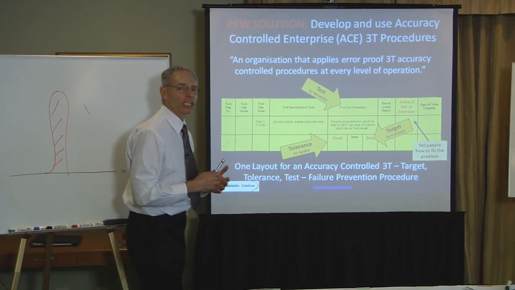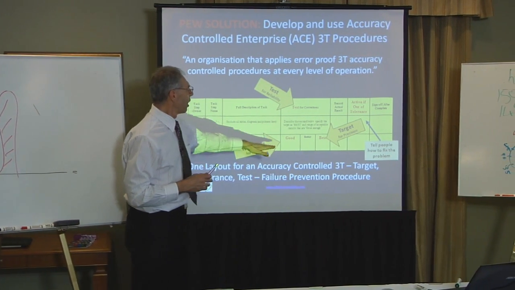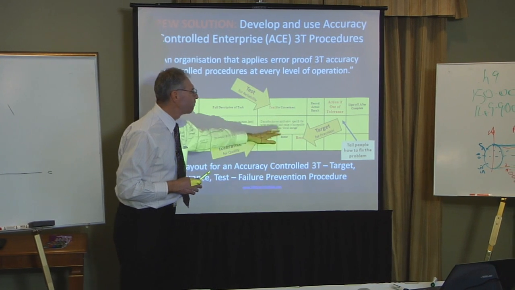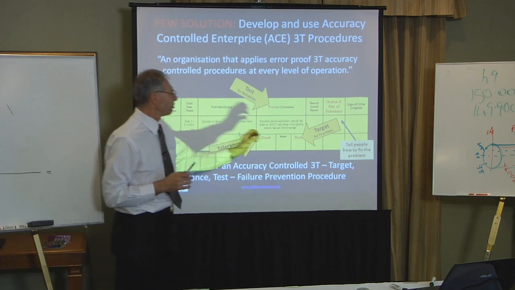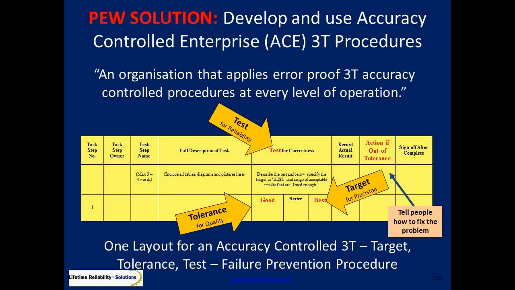So in my documentation, in my procedures, I want to have a target. What is the best result I can ever hope for? Because if I can deliver that target every single time, if I can deliver a bullseye every single time, give me a bullseye, because that's the best result we can hope to achieve. But the world is imperfect, so I want to have a range of what's acceptable enough.